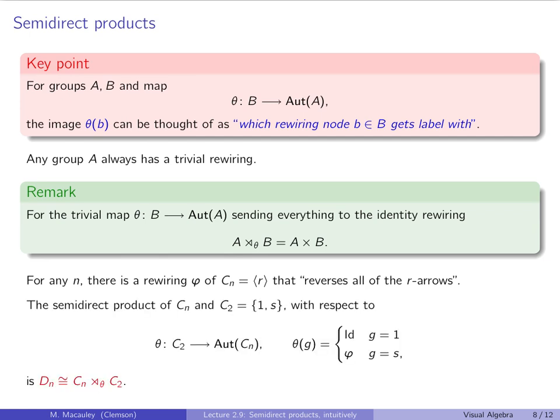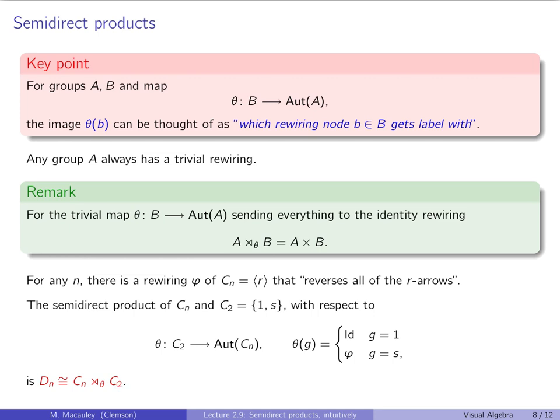The semidirect product of Cn with C2 with respect to the following labeling map that sends the identity element to the identity rewiring, and it sticks this reversal rewiring in the non-identity node, is just Dn. So we say that Dn is a semidirect product of Cn and C2.